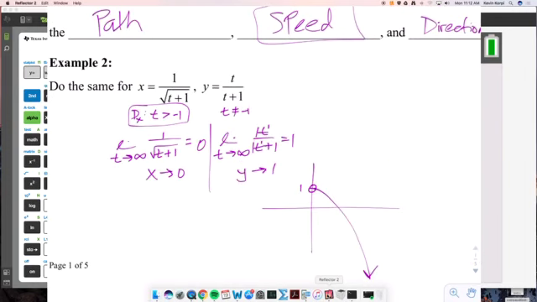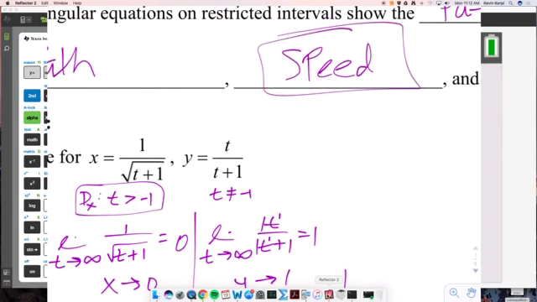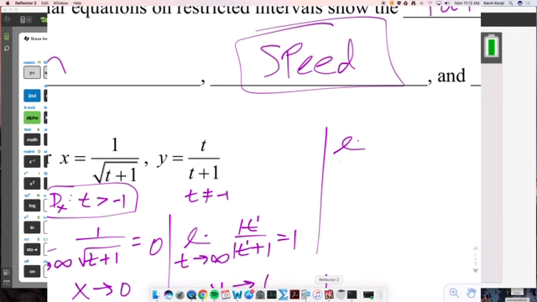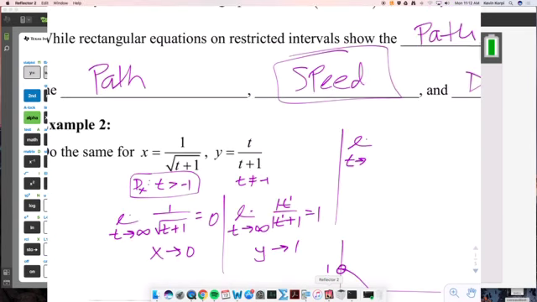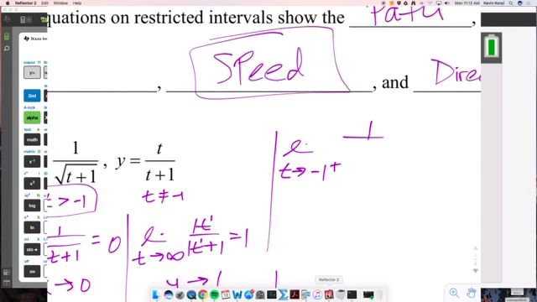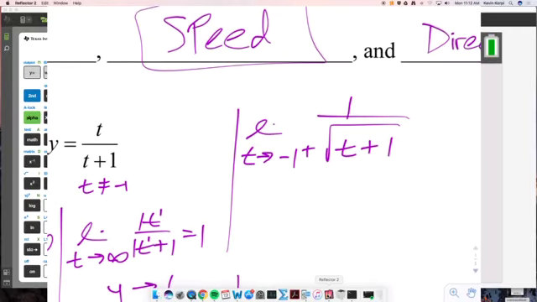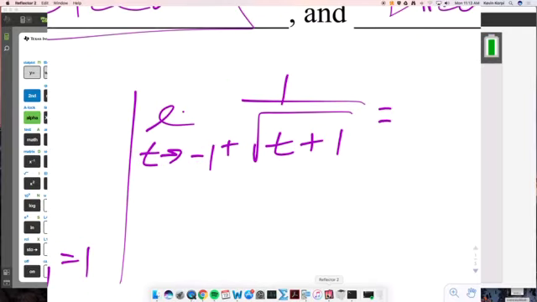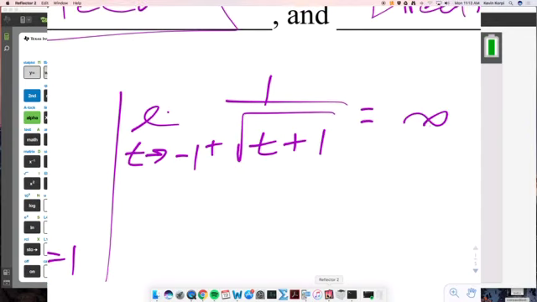Now the other thing: as we approached, I'm sorry, not 0, as we approached -1 from the right-hand side, what was the limit of 1 over the square root of t plus 1? How do we evaluate that? We know it's going to be DNE because direct substitution gives you non-zero over 0, but we also know then that it's some type of infinity.